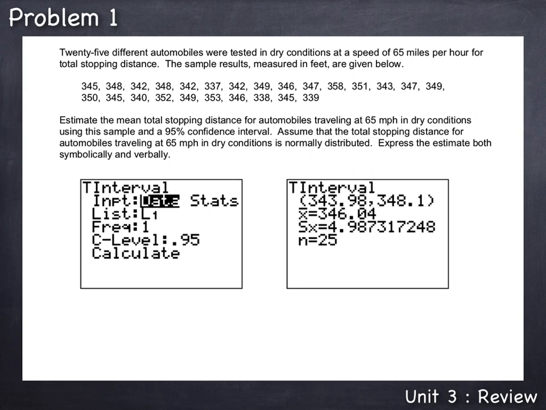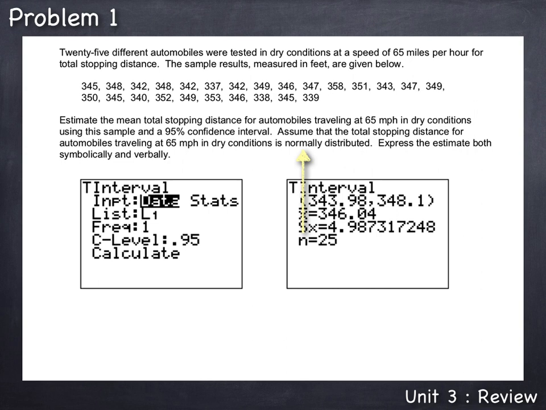These techniques don't work well with the smaller sample sizes, unless we can make the following assumption. Here we assume the total stopping distance for automobiles traveling at 65 miles per hour in dry conditions is normally distributed. So if the population from which the sample is originally taken from is normally distributed, these confidence interval techniques work well whether we have a large sample or not.